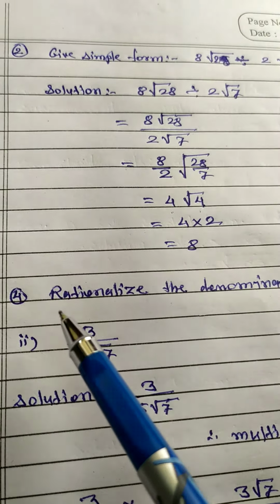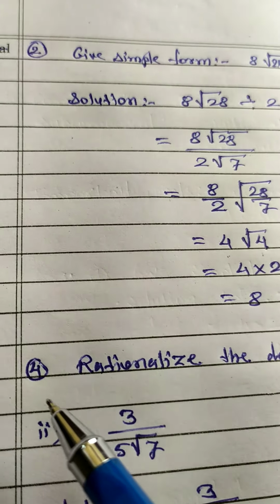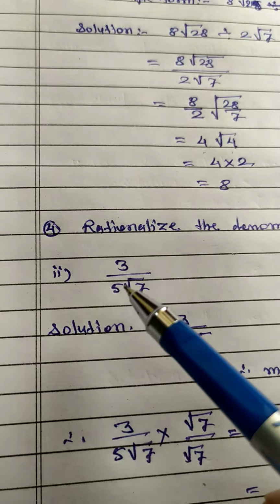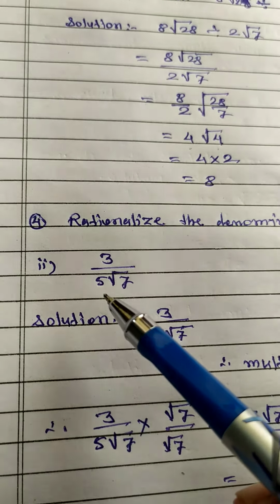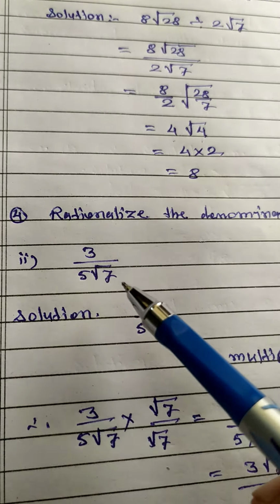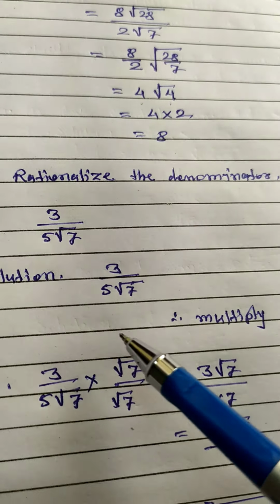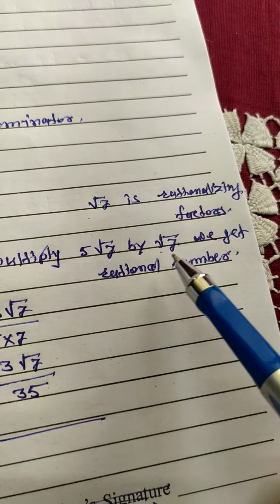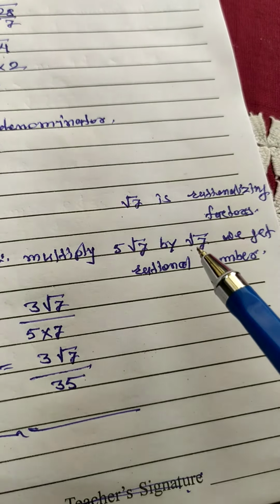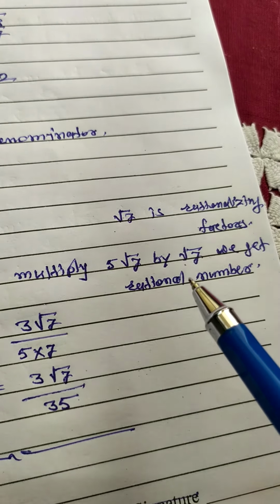Now you have to solve the third example as it is. Now the fourth example: rationalize the denominator. The example is 3 by 5 root 7. Now in this case again I write this example. Now if I multiply this 5 root 7 by root 7, we get 5 into 7, that is 35, and 35 is a rational number.